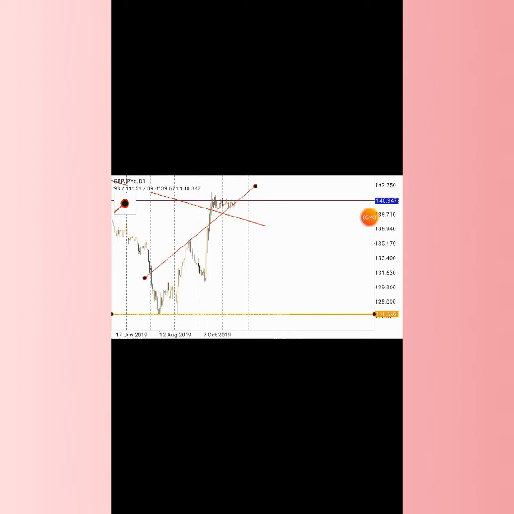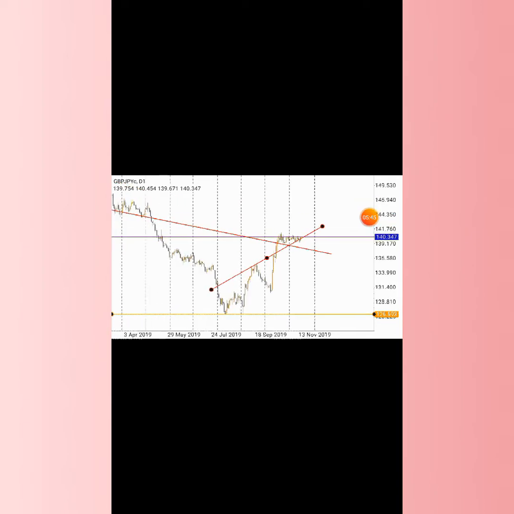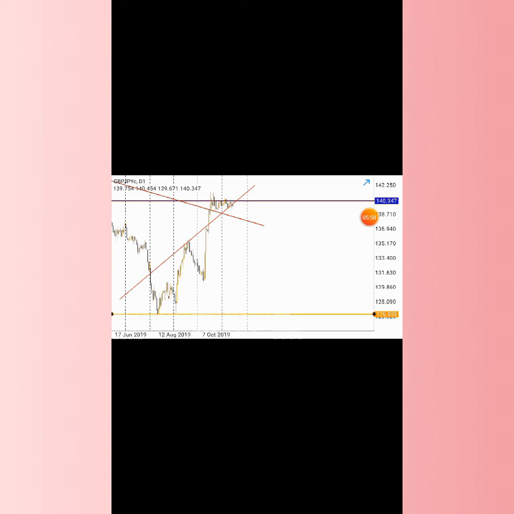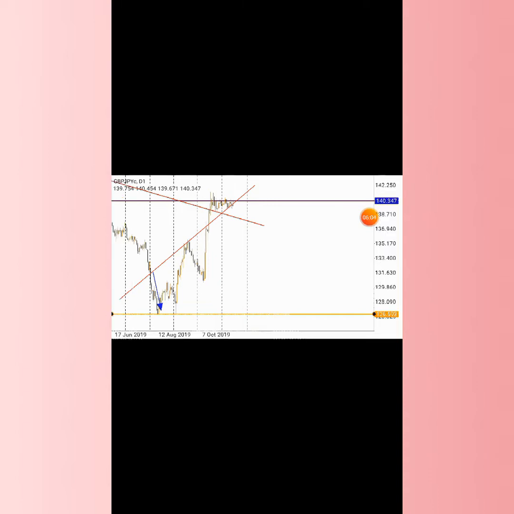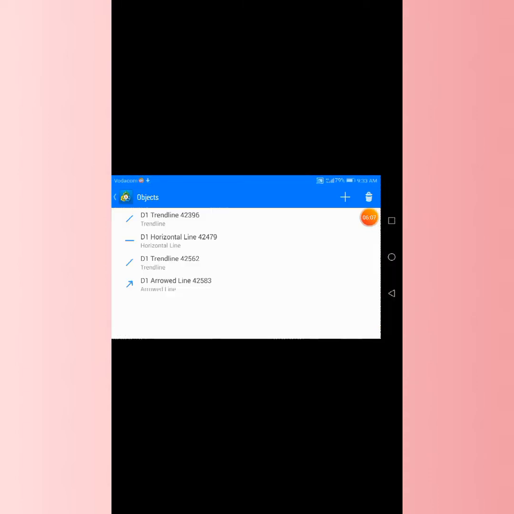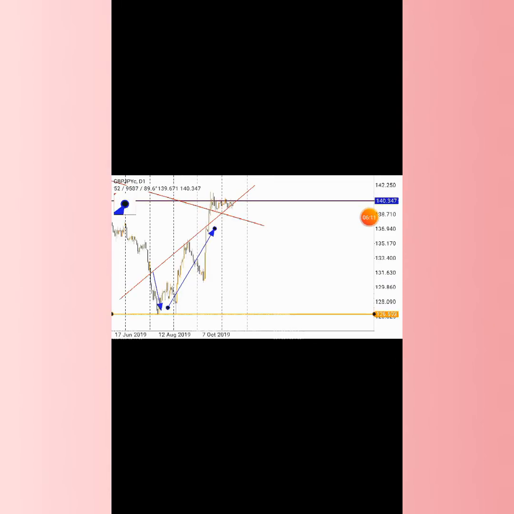If you see, this graph has been moving below this trend line. There was a breakout, it went down up to here, breakout up to here. From there is where we got a very strong rejection from the support, and it came here.